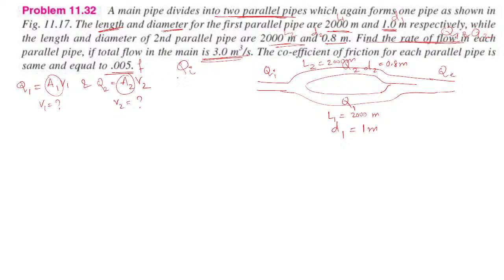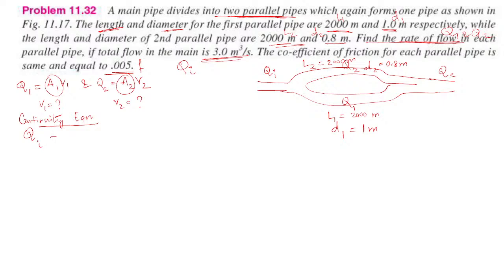Now how can we proceed? Very easy. According to the continuity equation, this is a simple problem, but you have to identify this using the frictional value, because here the F value is given.